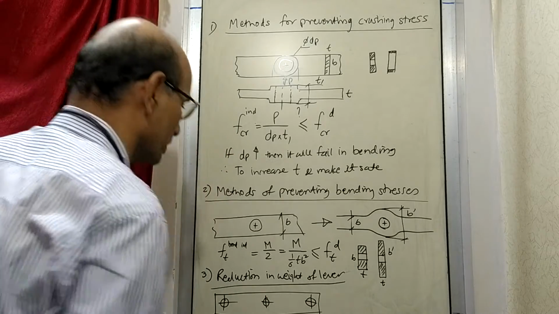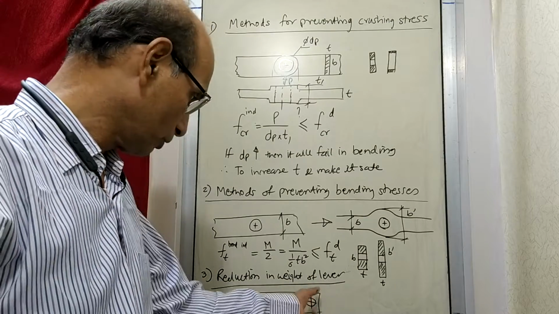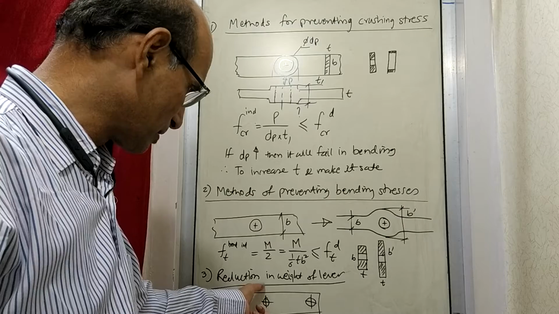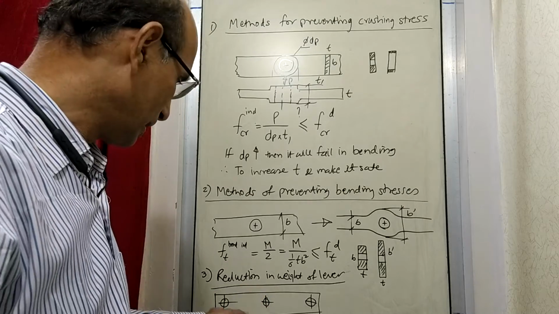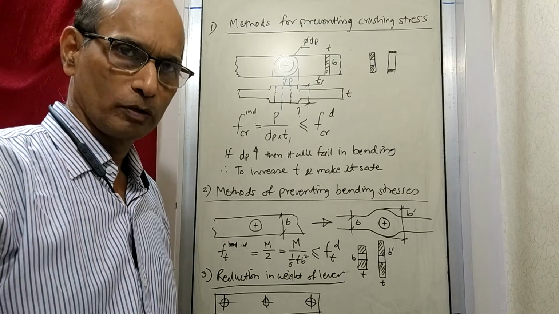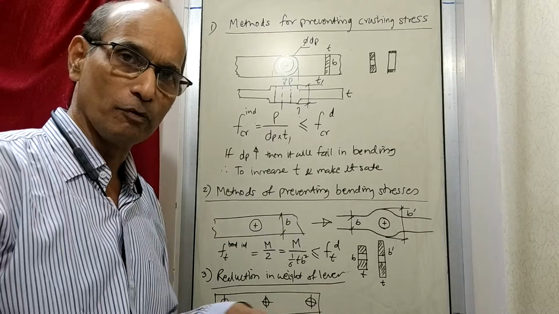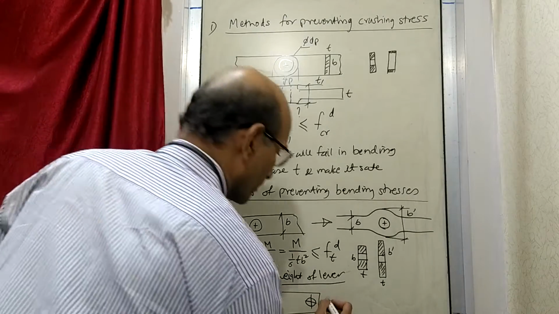There was one lever loaded safety valve we have thought of. That time also there was a lever which has got a width B, and then maybe we have made some changes here if required, and then at 3 places there was some load, effort and fulcrum. So that time whatever we have done, what way we can reduce the weight is like this.